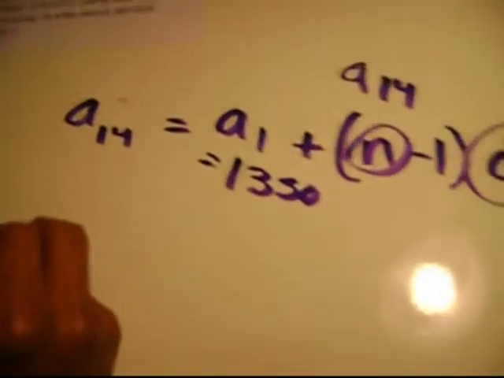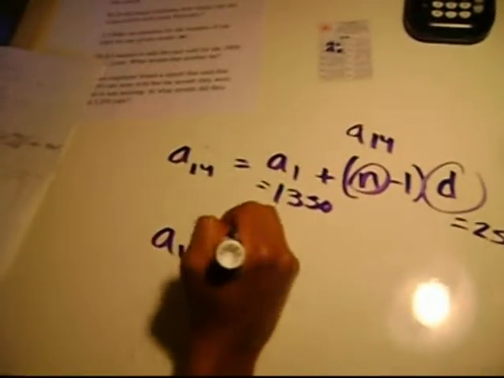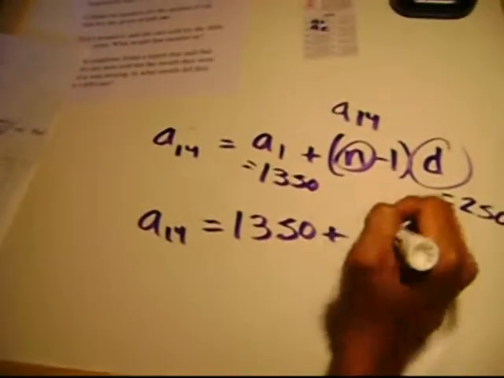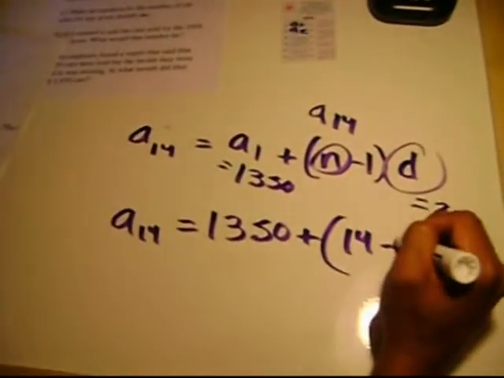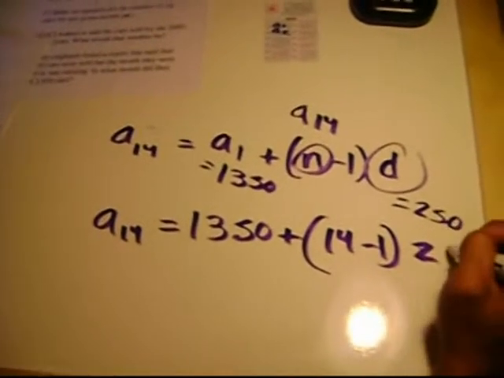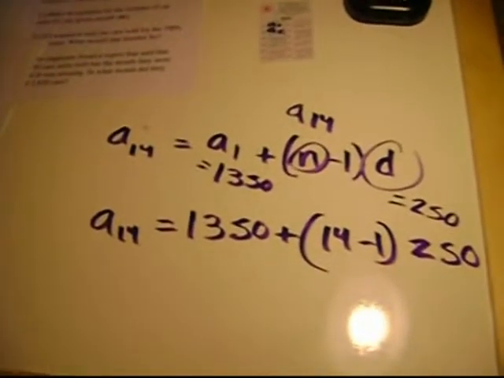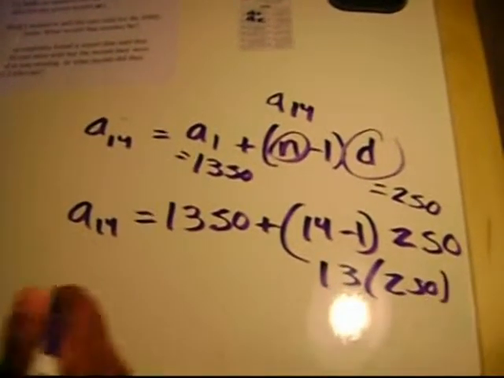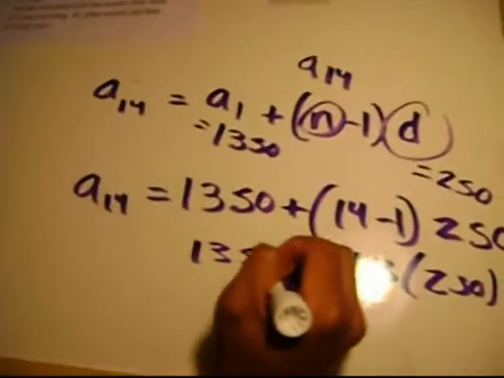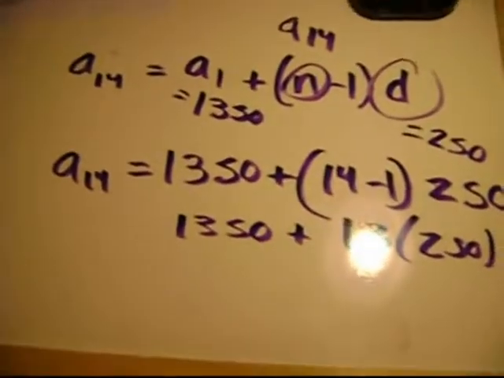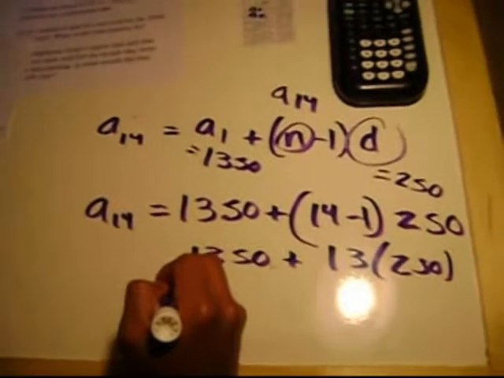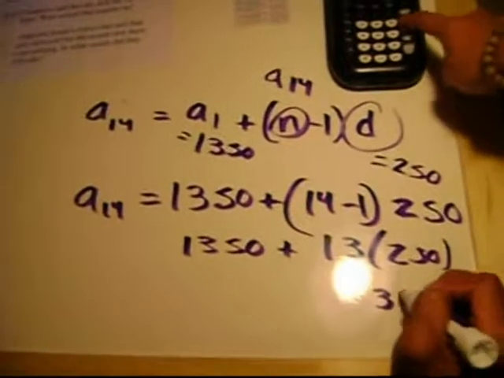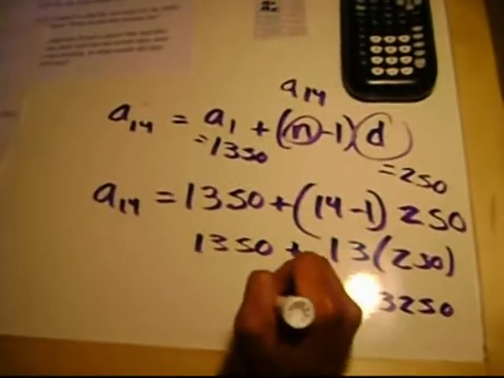Now you just plug in and solve. So A14 equals 1,350 plus 14 minus 1 times 250. This simplifies to 13 times 250. 13 times 250 is 3,250.